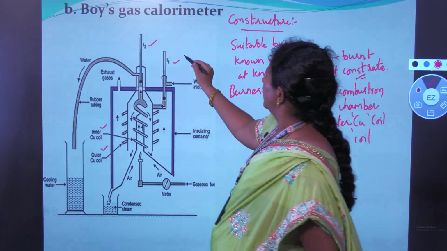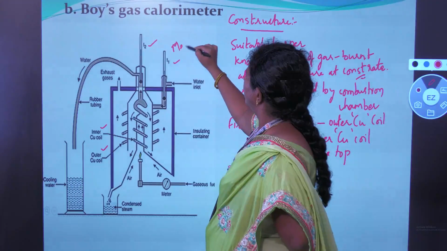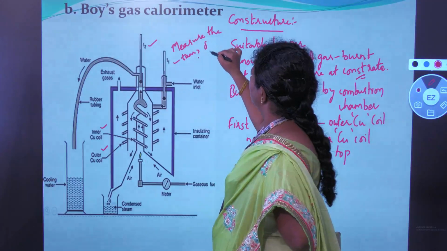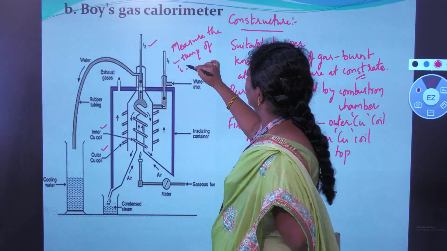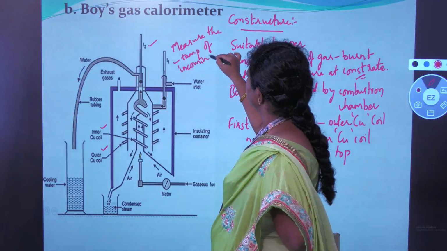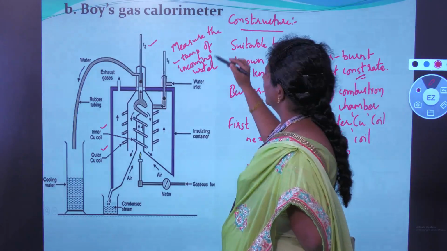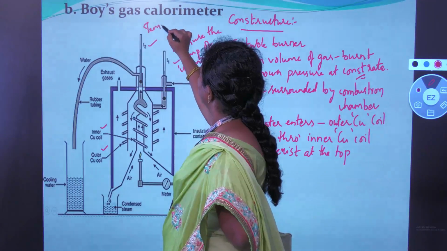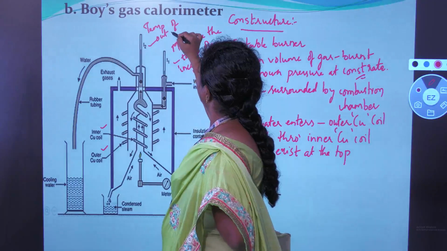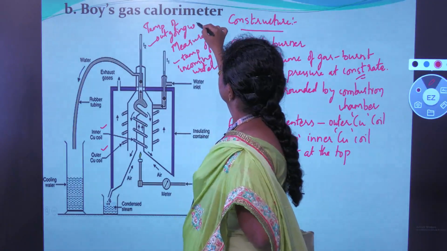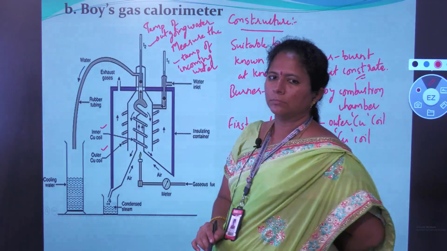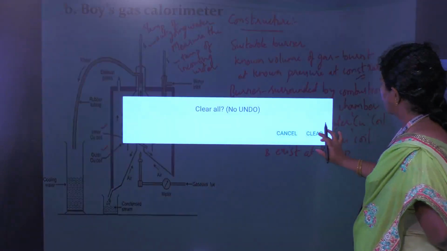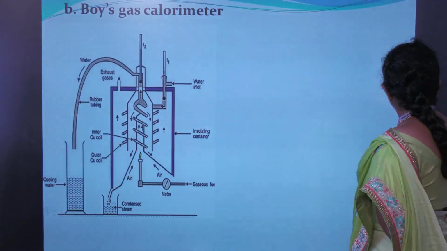T1 will measure the temperature of incoming water and T2 will measure the temperature of outgoing water. So this is about the construction. Now coming to the working.